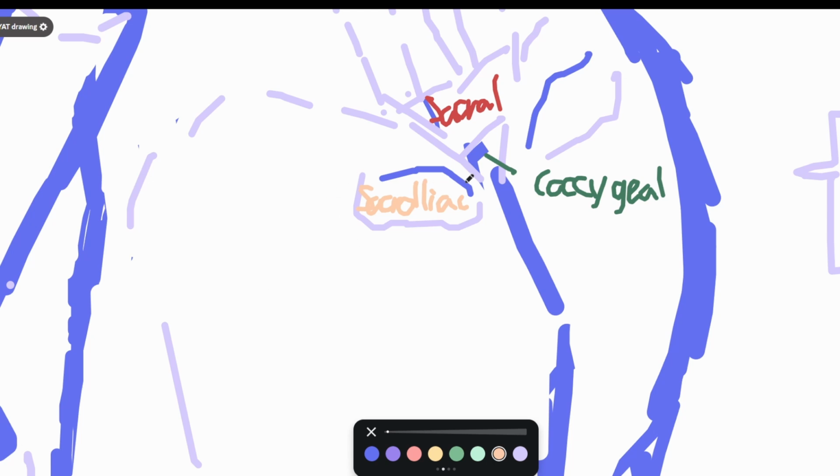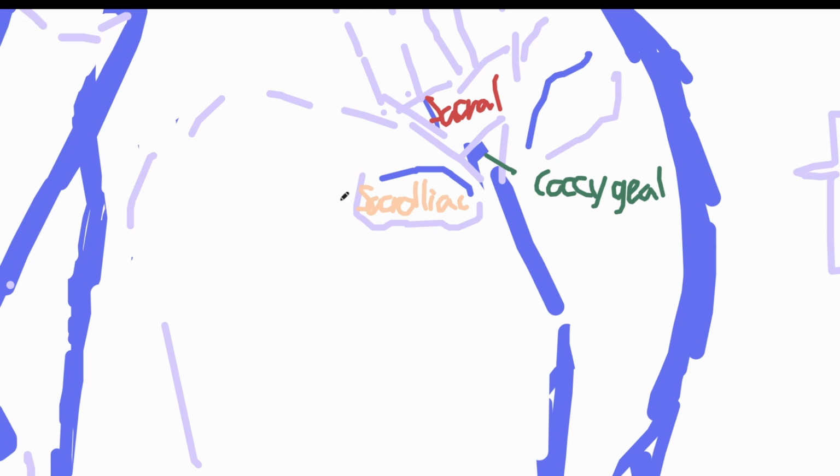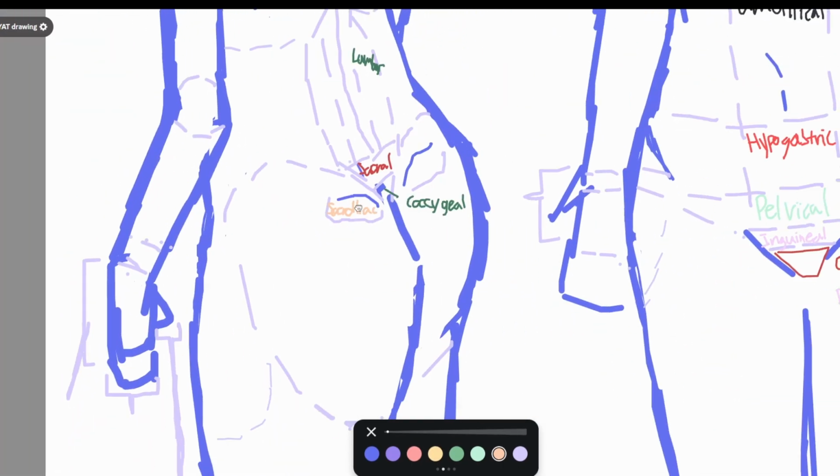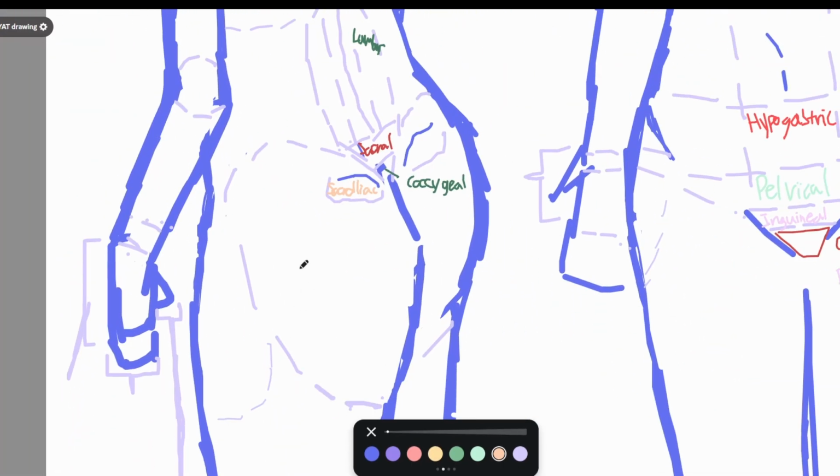I'll put it up on screen, but it's just this bone area on your pelvis, so that's called the sacroiliac region. And now this is getting near the legs, but I'll bring it up later on. This is your butt, and you call that your glutes. So in anatomy, you call this your gluteal region.